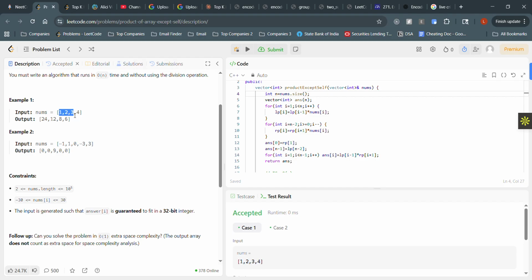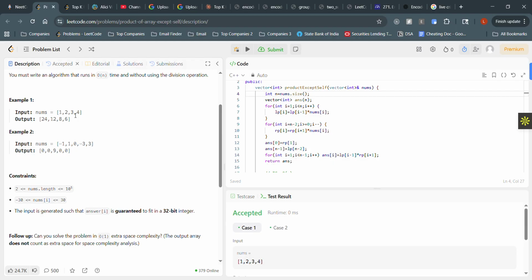Multiplication is just these 3 elements, right? So I know that answer of I is basically a prefix multiplication array, initially. So answer of I should also consider the right product of it.